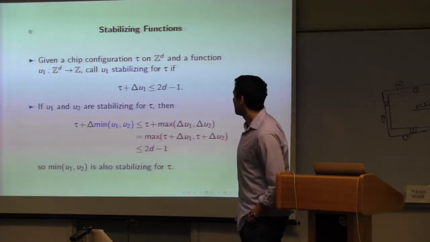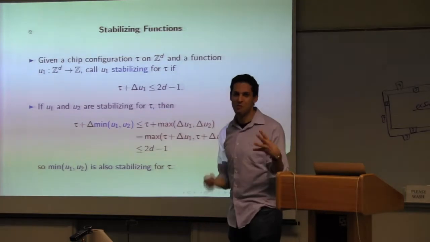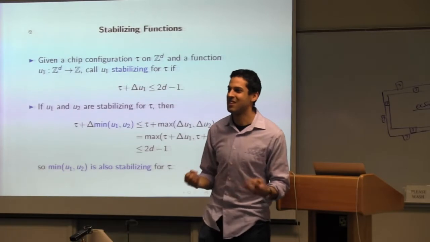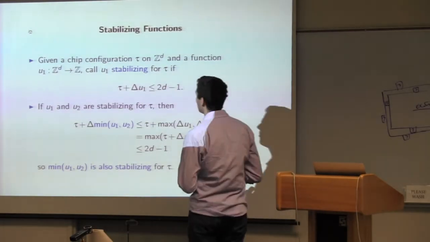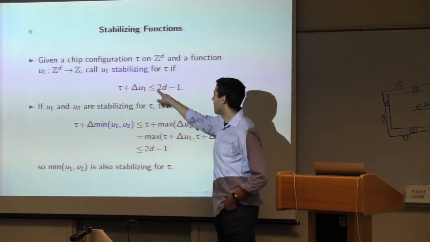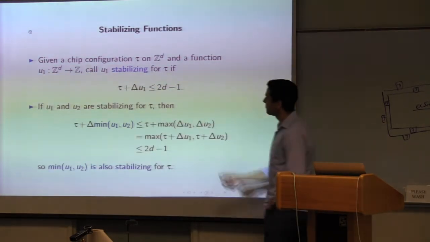So think of this u1 as a recipe for performing topplings without regard to whether those are legal in the dynamics or not. And we call u1 stabilizing if, as a result of performing the topplings, you got a final configuration that was stable.